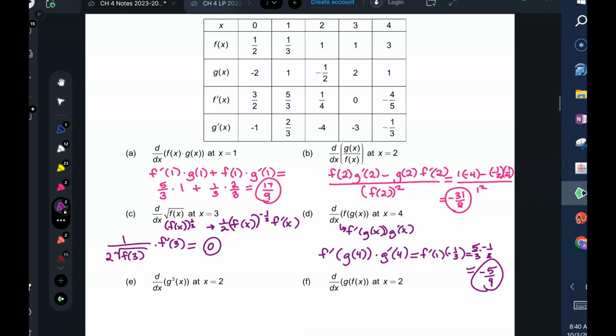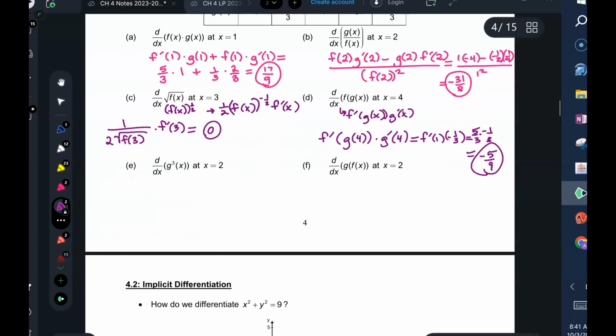Oh, g of 4 is 1, so I'm going to do f prime of 1, which is 5/3. Yeah. So you have to remember when we're doing the chain rule, what we need to do is evaluate what this is first and then find the derivative of that.